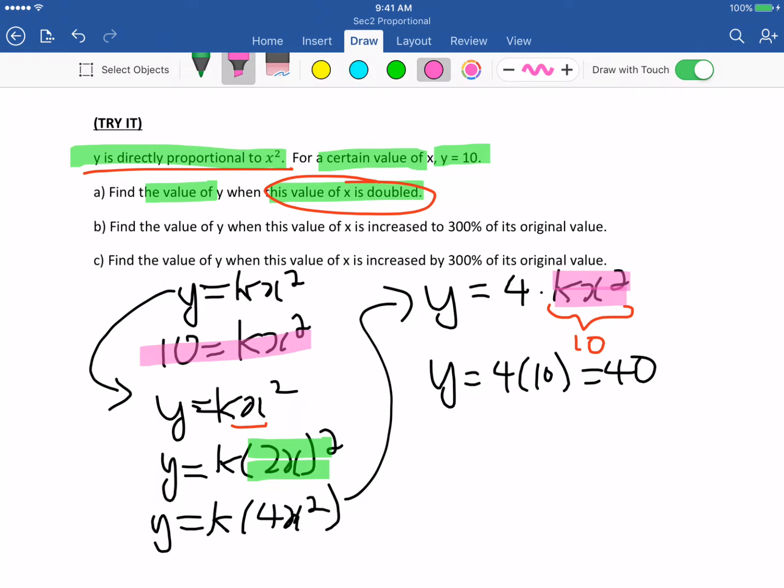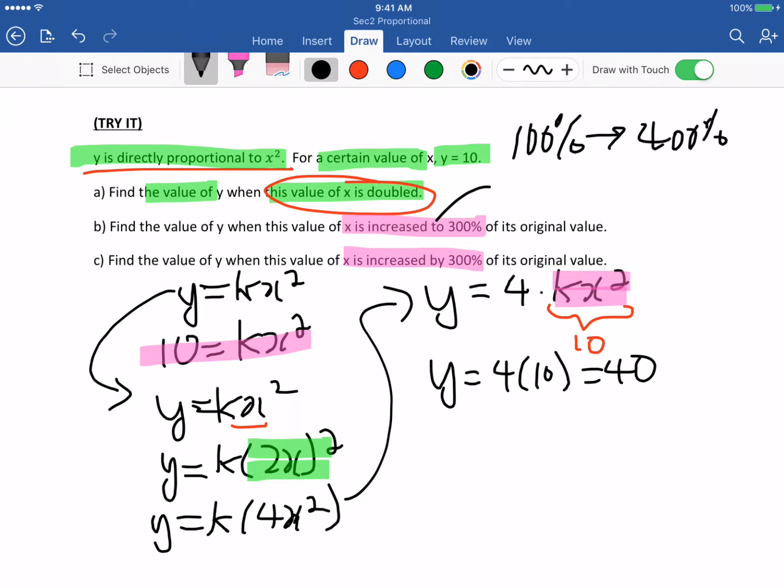Okay, the next two examples are exactly the same, but what you need to do is take note. Tell me what the difference between increase to 300% and increase by 300% is. Increase to 300% means x will become 300%. Increase by 300% becomes 400%. In other words, x will become 4 times of x.